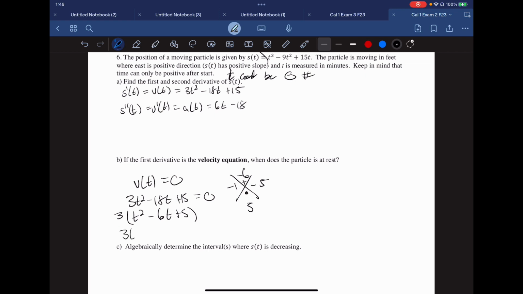So we're going to do t minus 1 and t minus 5. Awesome. Now we find what t equals. t equals 1 and t will equal 5, and at t equals 1 and when t equals 5, the particle will be at rest.